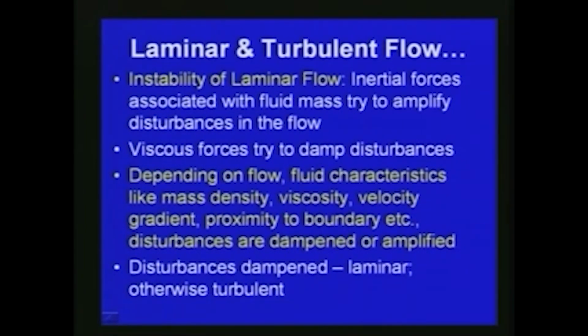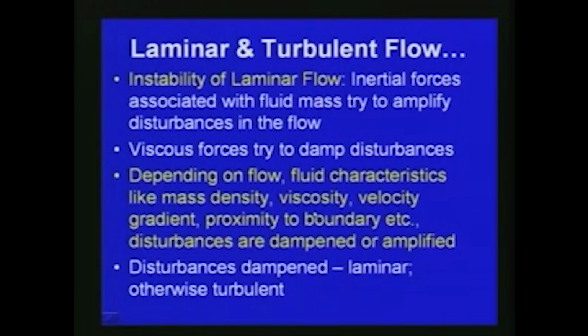If the disturbances are dampened, the flow continues as laminar. But if the disturbances are amplified further due to forces like shear force or frictional forces, then it may change from laminar to turbulent flow. So if the disturbances are dampened, the flow is laminar; otherwise the flow becomes turbulent.